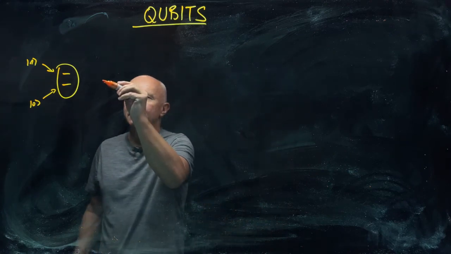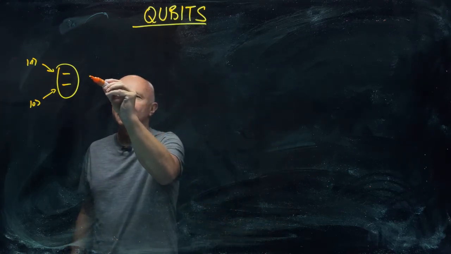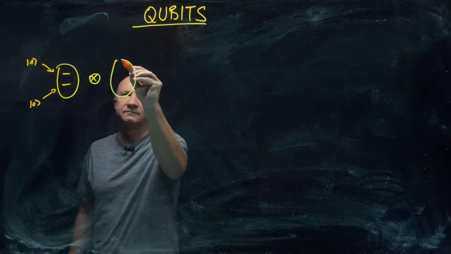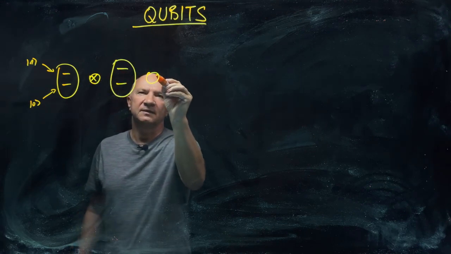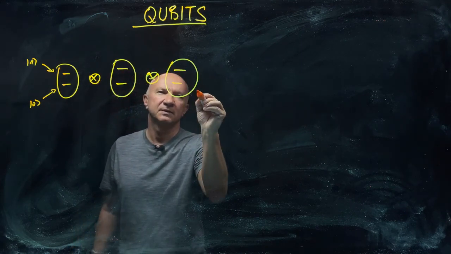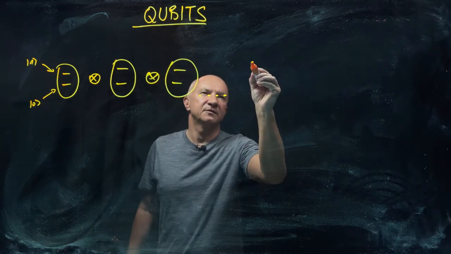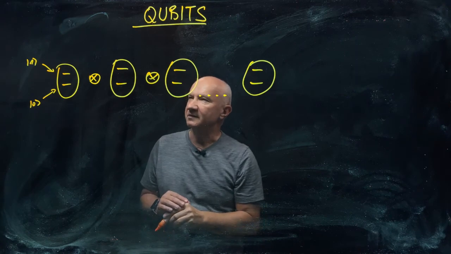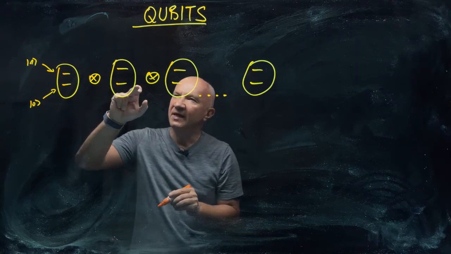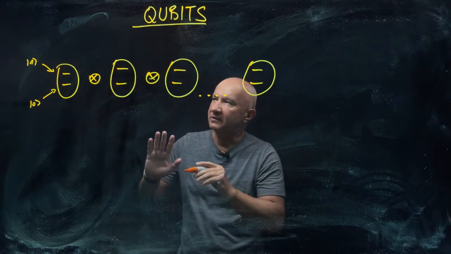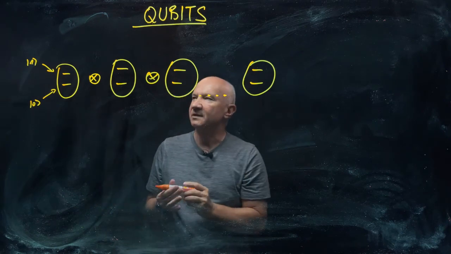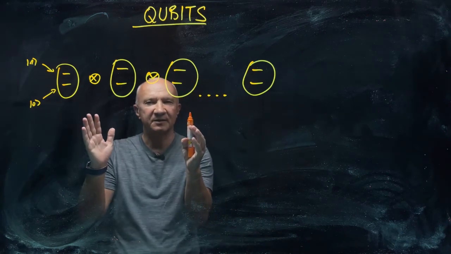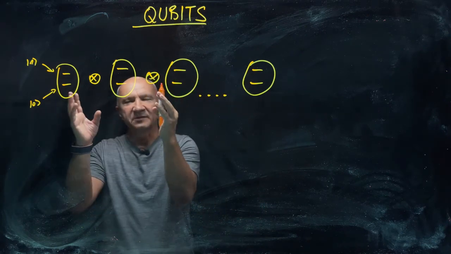Let's add another qubit, and yet another qubit, and a few more. So let's say altogether you have n qubits in your system. Now I put this tensor product symbol, which will have its own meaning, but for now just think about it as adding a subsystem.